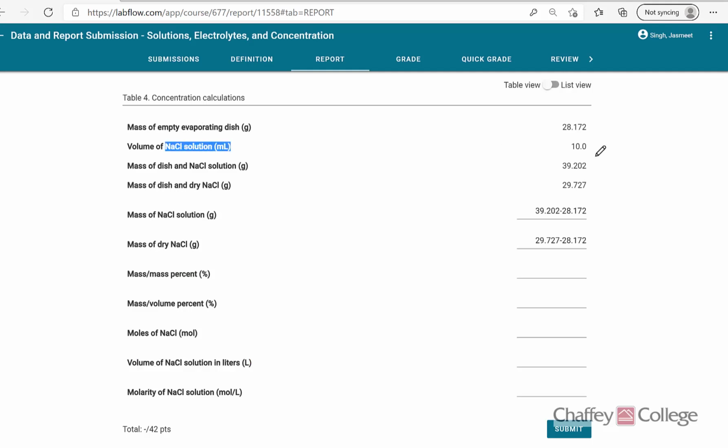The volume of NaCl solution in milliliters is given, so convert this milliliters to liters, and that goes here. Then find the molarity by applying the formula shown in the PDF instruction file. And once you calculate these three concentrations, just hit submit and your lab report is finished.